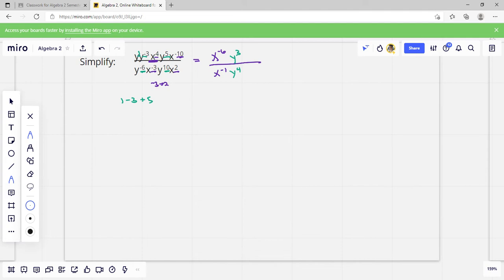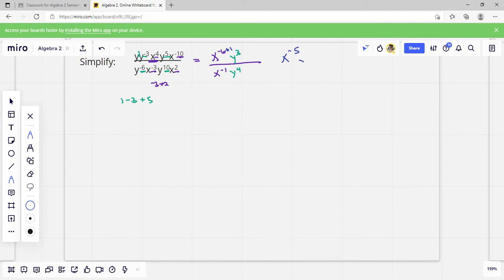Okay, now it wants us to divide. Remember, a fraction just means divide. So what I have to do is try to bring everything up to the top of that fraction. And remember, when we bring something to the top of the fraction, we're just going to change its sign. So this negative 1 becomes a positive 1. So negative 6 plus 1 would be negative 5.